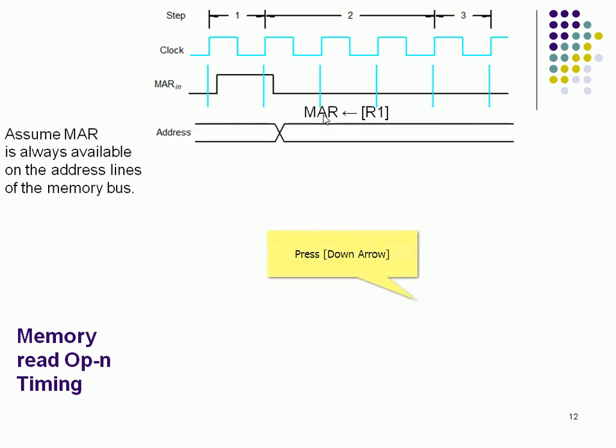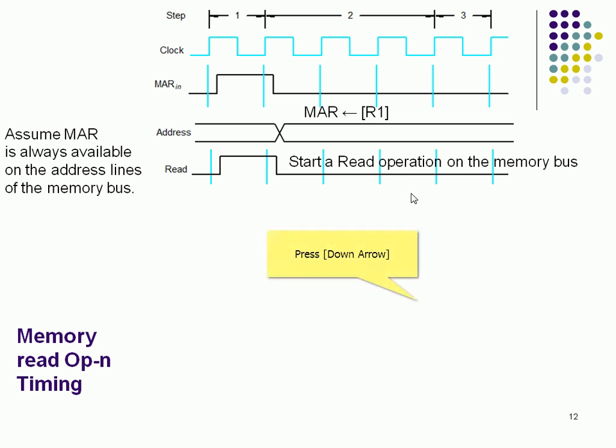So we have the address bus, and the address will be decoded after this first clock cycle, and we will be able to understand which address in the memory a read operation needs to be initiated for. In order to fetch that instruction we need to read, right? After that, start the read operation on the memory bus, so the memory read commences.